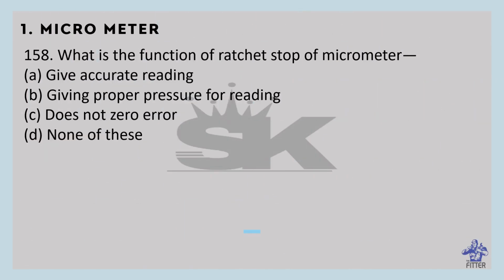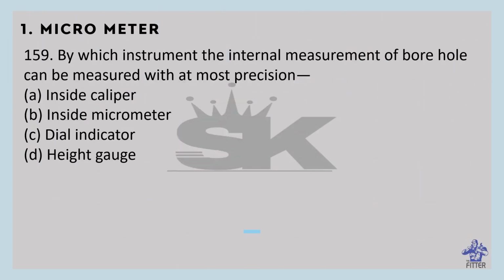What is the function of the ratchet stop of a micrometer? We have discussed this a lot, right? So it gives proper pressure for reading. Okay. By which instrument can the internal measurement of a bore hole be measured with utmost precision?